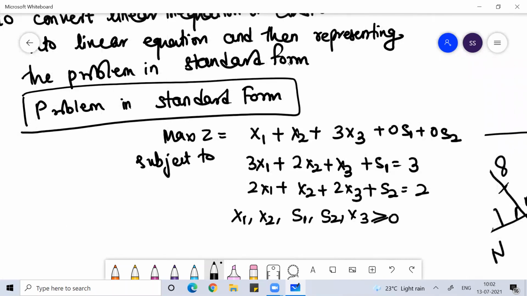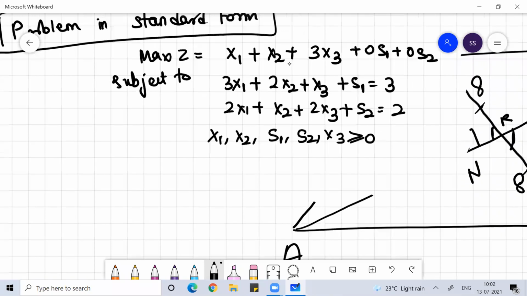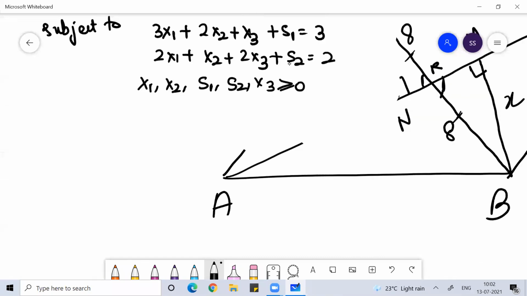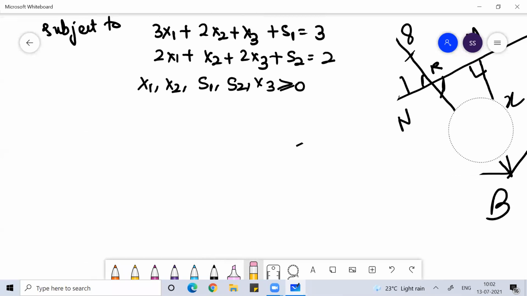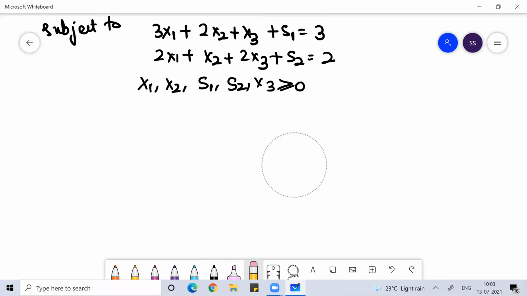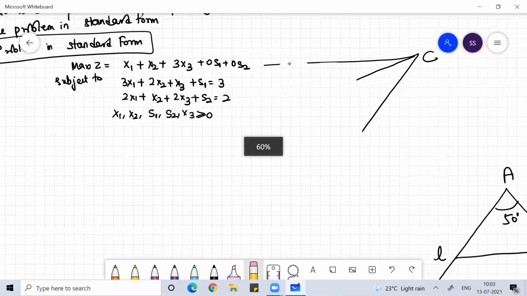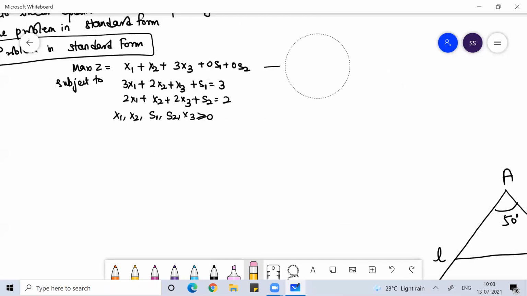Once we write them in this form, I can convert the given problem into standard form.